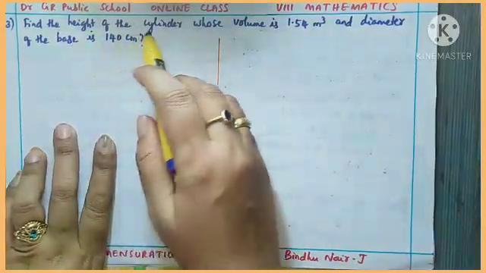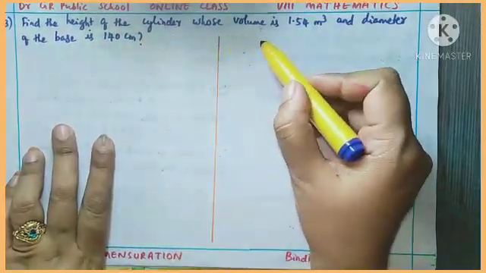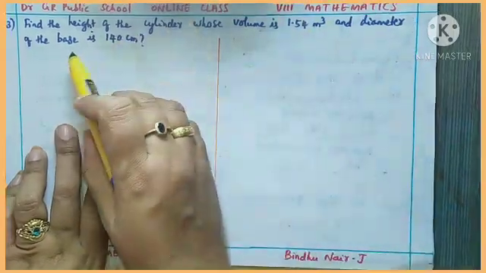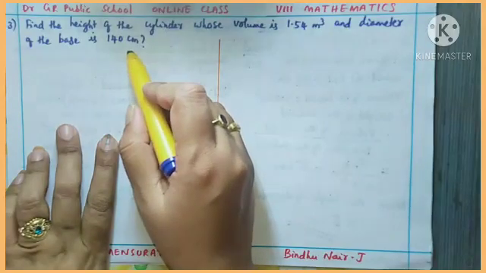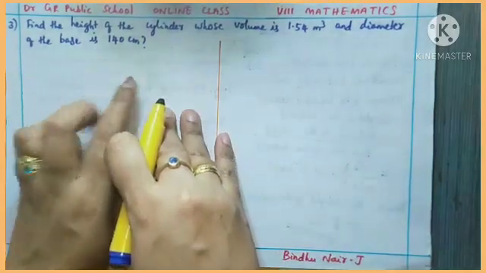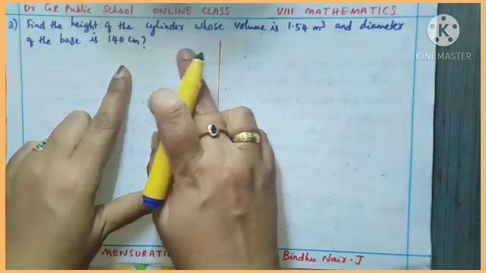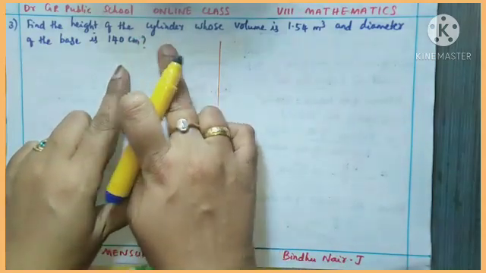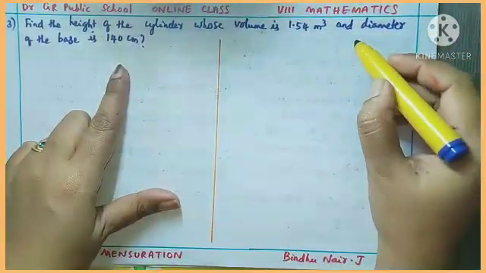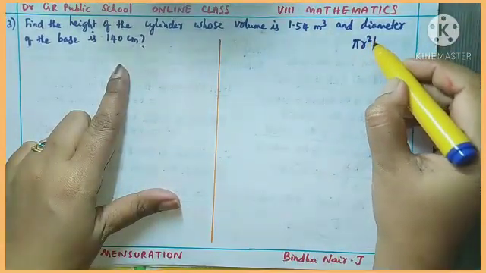Find the height of the cylinder whose volume is 1.54 meter cube and the diameter of the base is 140 centimeter. Okay. So here the shape discussed is a cylinder, and what is given? We want to find the height of the cylinder. The volume of the cylinder is given. You know the volume of the cylinder formula is pi r square h.